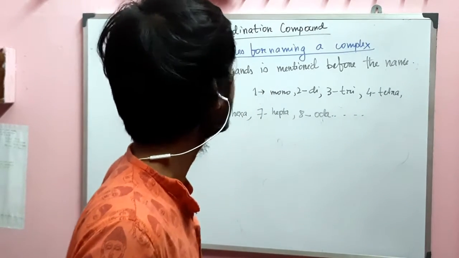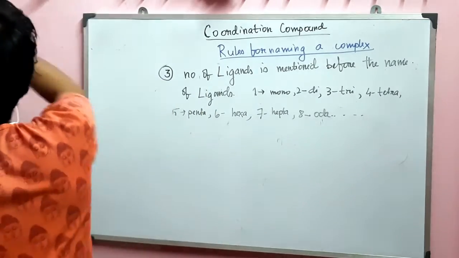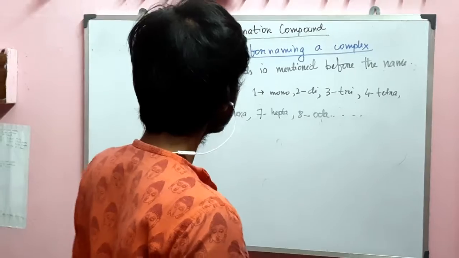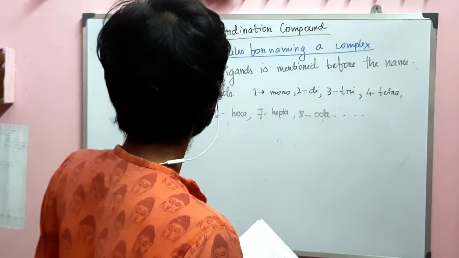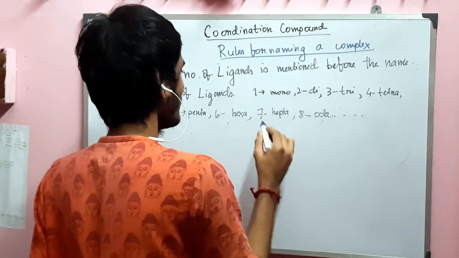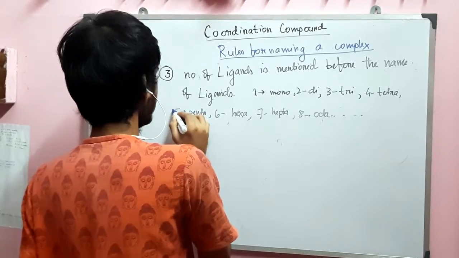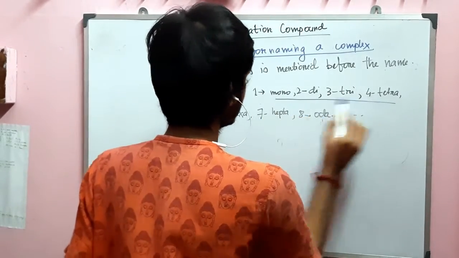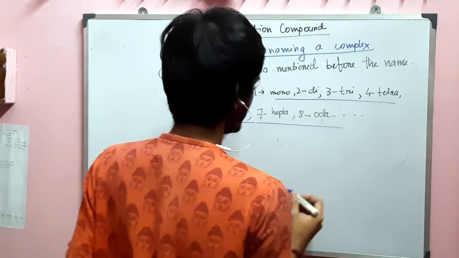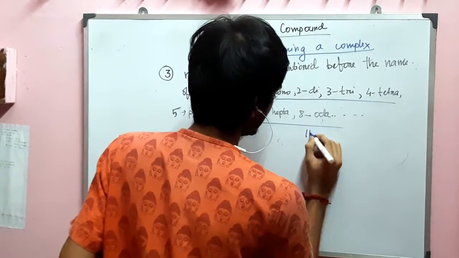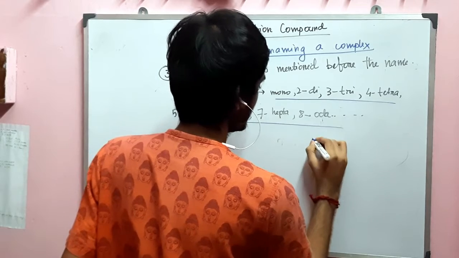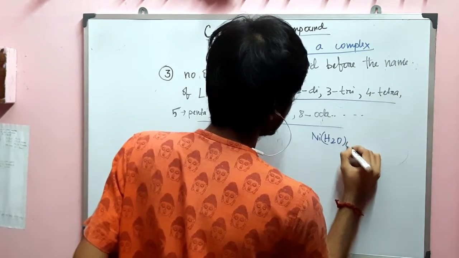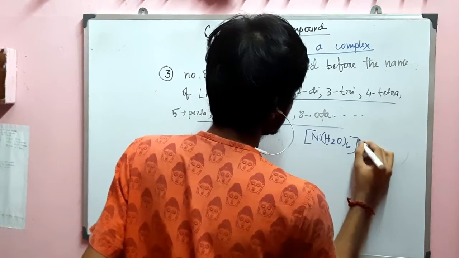Let me choose the pen color because it is getting faded. We number the ligand by this convention. Suppose it is [Ni(H2O)6]2+.